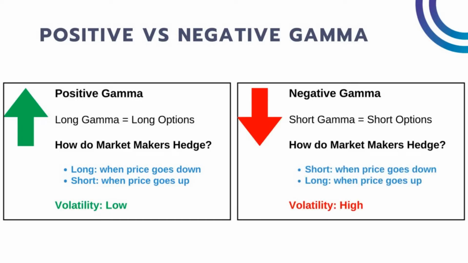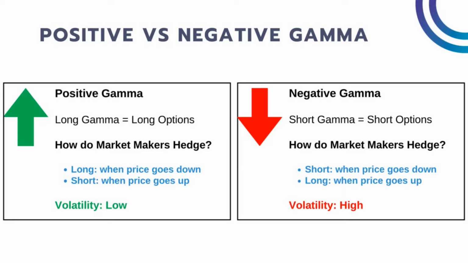On the other hand, if we look at the negative gamma, it means that the overall market exposure is short options, which means that they are selling more options than buying. And this also affects the way market makers would hedge. So in a negative gamma condition, the market makers hedge by selling the underlying when the price falls and going long when the price goes up.